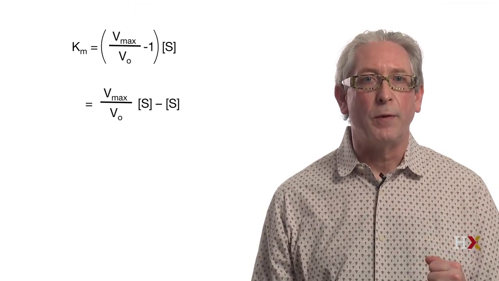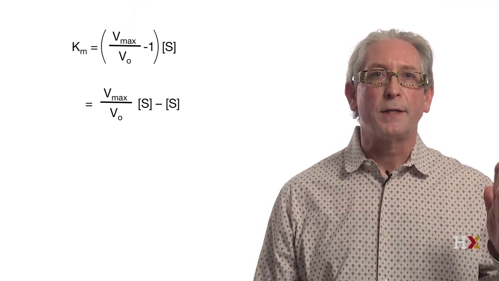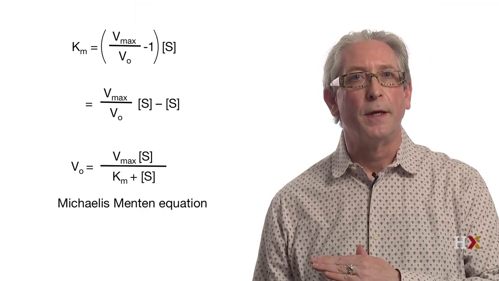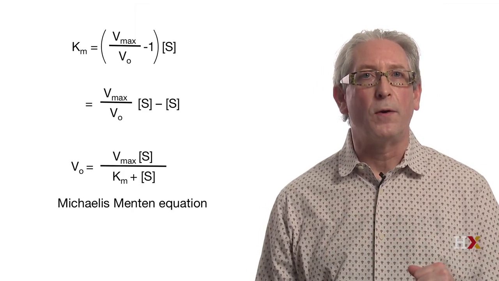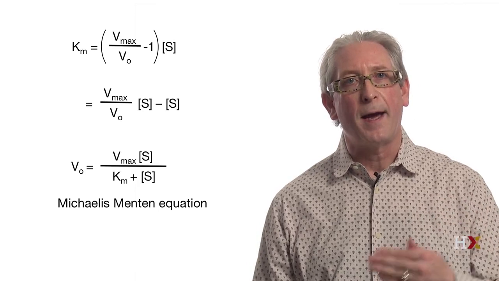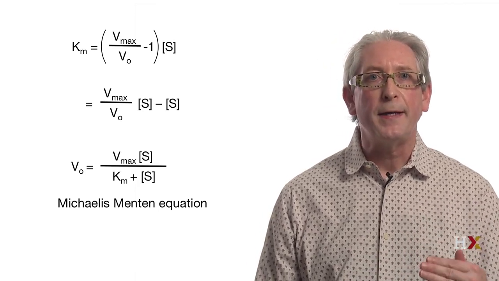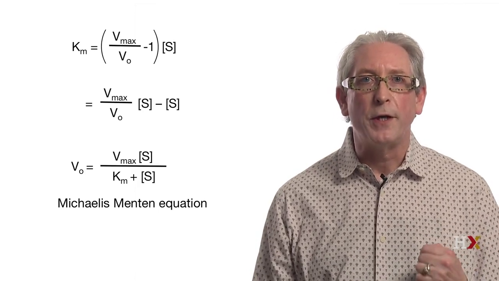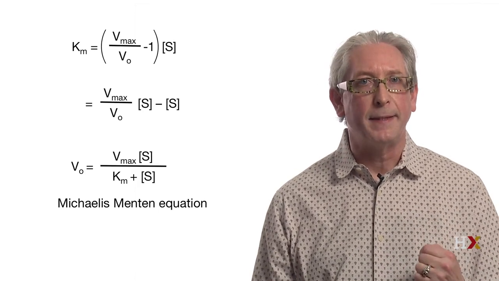Now, if we continue to rearrange this equation, we can express V0 as a function of the concentration of S. What we have as our equation now is V0 equals Vmax times concentration of S divided by Km plus the concentration of S. This equation is the Michaelis and Menten equation.